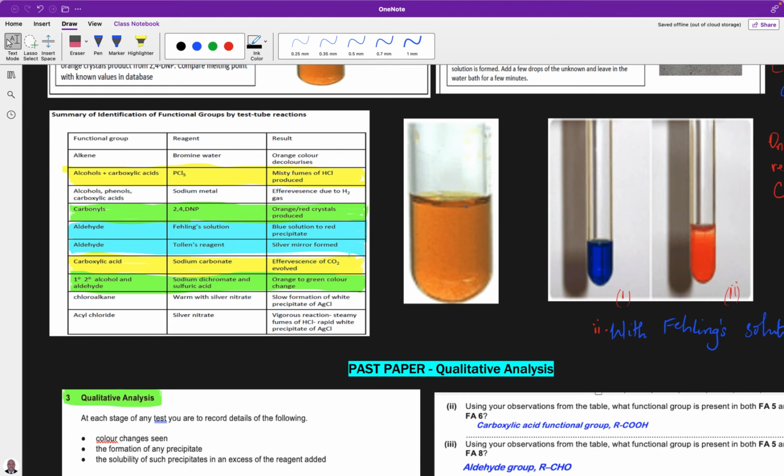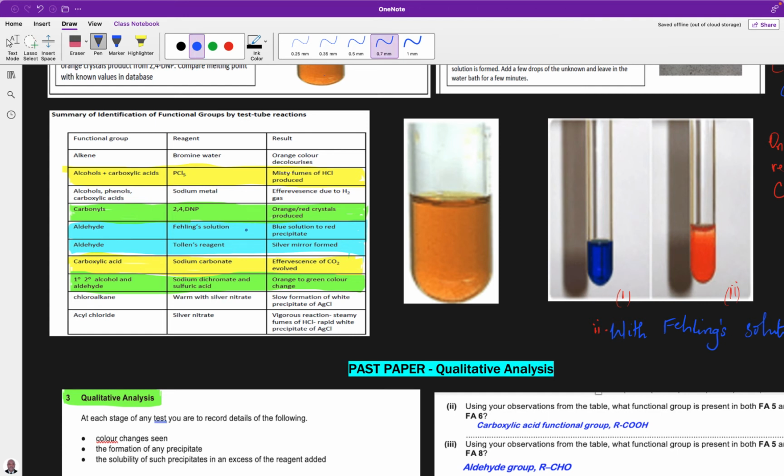For carbonyl compounds, I told you we will use 2,4-dinitrophenylhydrazine. When we do that, all carbonyl compounds will give red crystals, or what we call an orange precipitate, indicating the presence of the C=O, which is the carbonyl functional group.